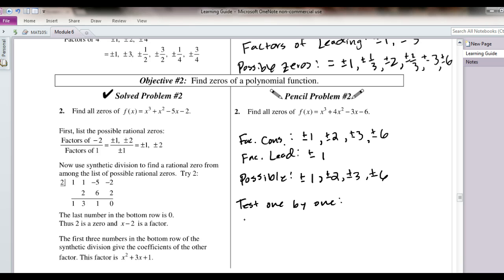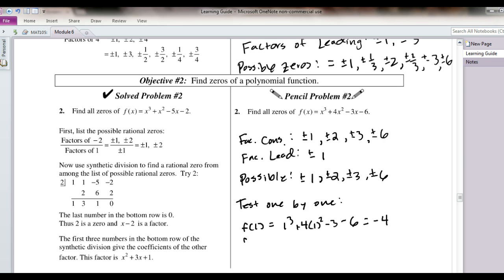If you have 1 and you want to see if it's a 0, you just plug 1 in and see what happens. So that's 1 to the 3rd power plus 4 times 1 squared minus 3 minus 6. That gives me 1 plus 4, so we get 5 minus 9, which is minus 4. So that one's not a 0.